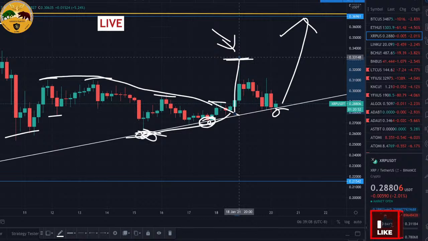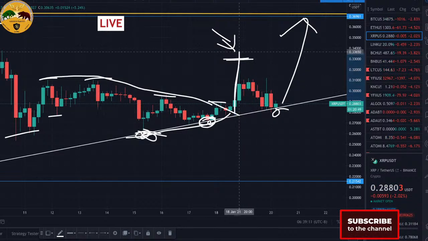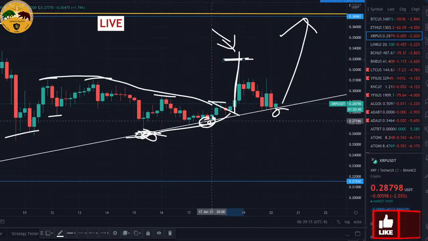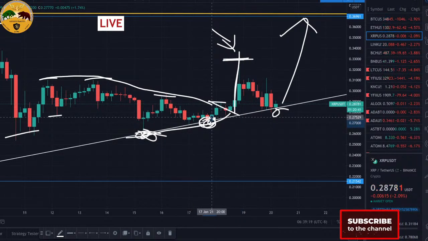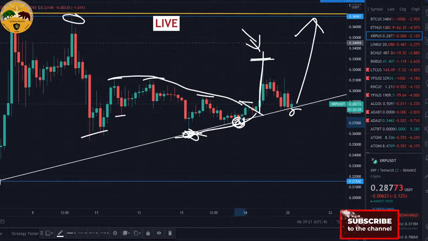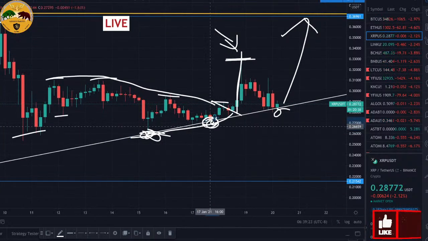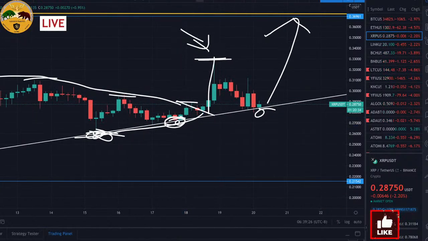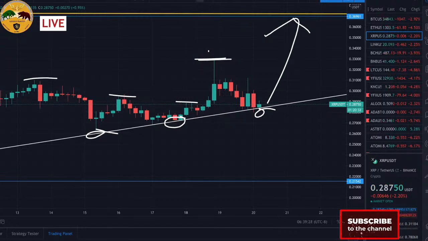Please remember that this is our first breakout. This is our first new high in the trend, and this is our first new higher low in the trend. The first market structure changed by the bulls on this pullback. That is where the market structure changed. Let me clear all this drawing so that we can see clearly.